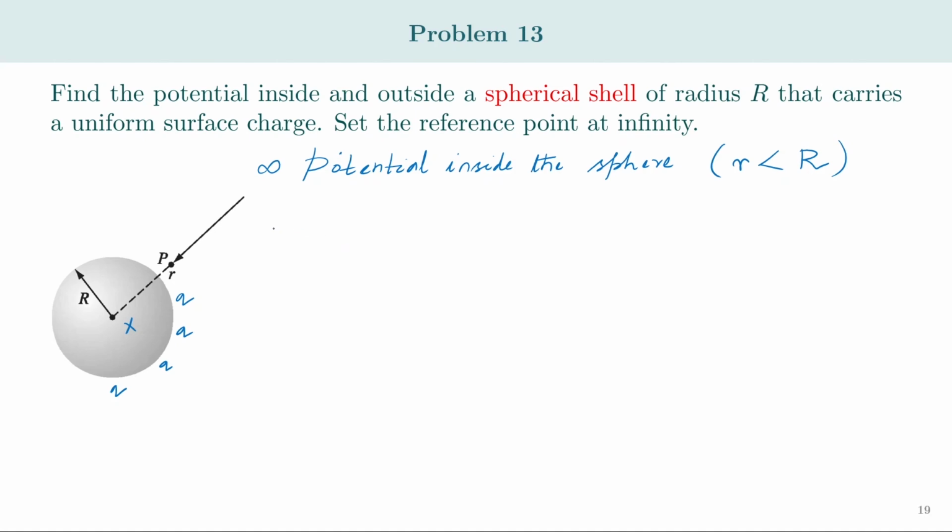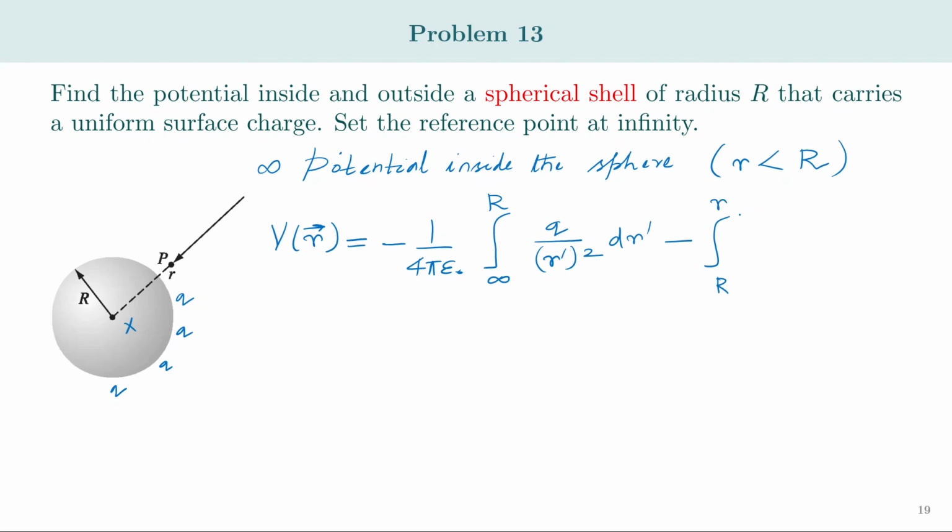And therefore, the potential can be written as negative of 1 over 4 pi epsilon 0, starting from infinity to R, that is the surface of the sphere, of q over r' the whole squared dr'. So that is the first part. And the second part starts from R to the point r, which is inside the sphere.